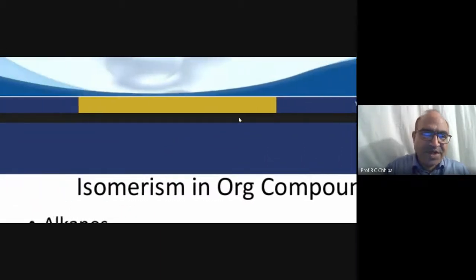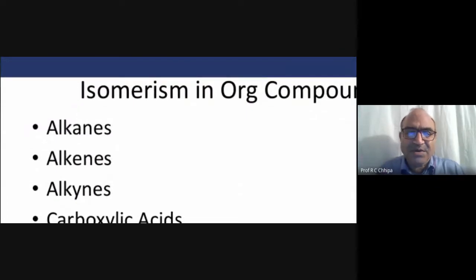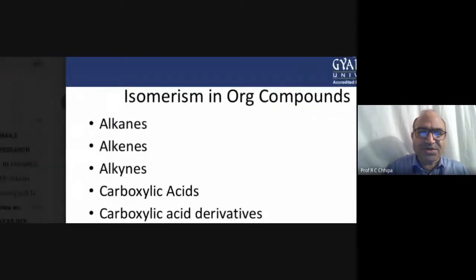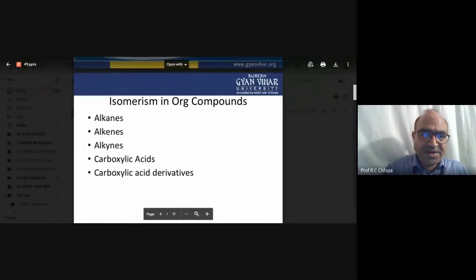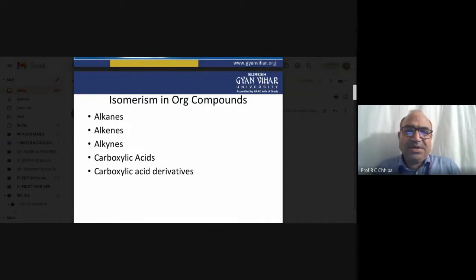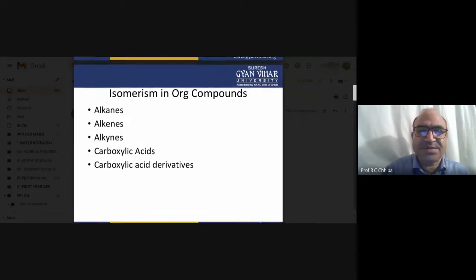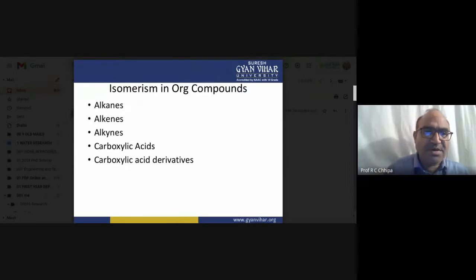Now we come to another part: the alkanes. Isomerism in organic compounds occurs across various compounds, and one of them is the alkanes.